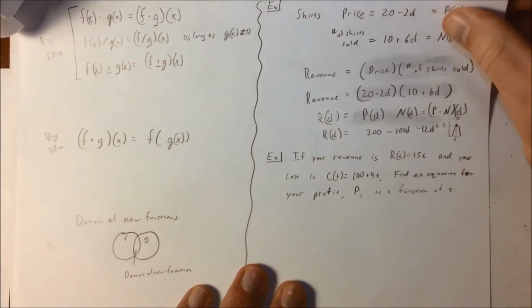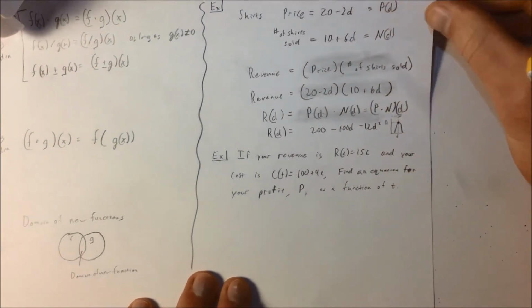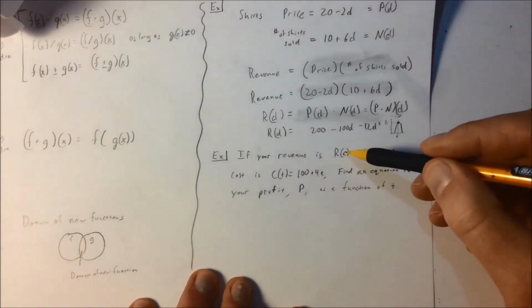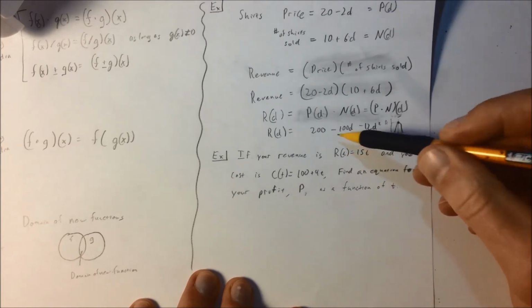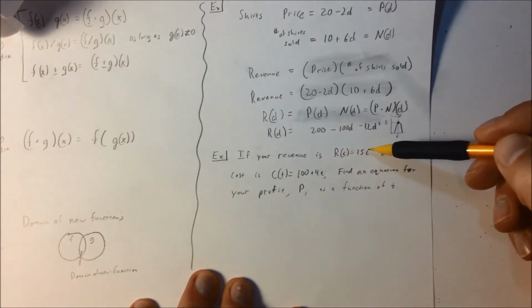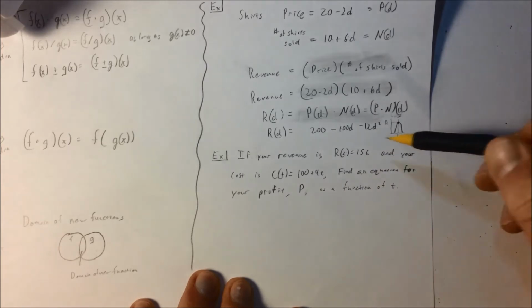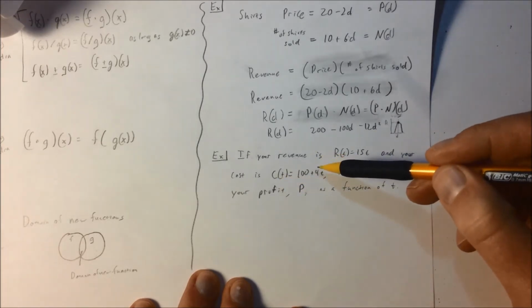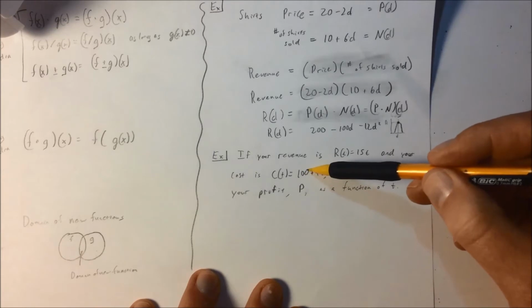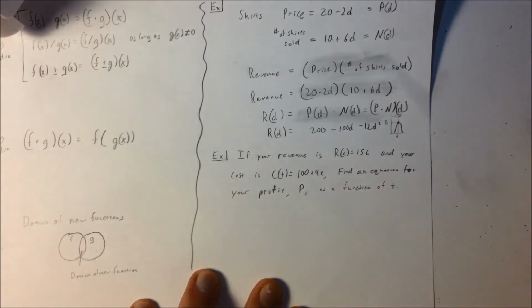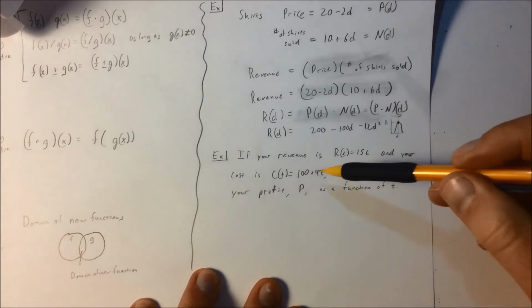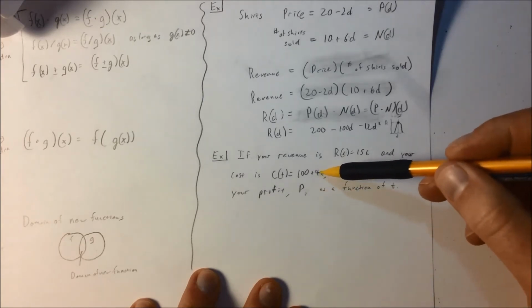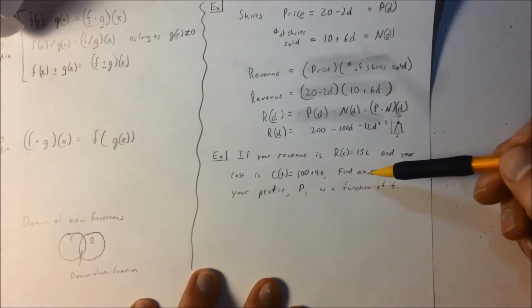Continuing this analogy with shirts here, okay? If your revenue is R of T, so that's how much you made, like up here, okay? Where T is the number of t-shirts sold. And your cost for each shirt, well, let's say you have $100 right off the bat that you have to pay just for rent or for heat or whatever it may be, or for the ink, and you buy the shirts for $4 per shirt.